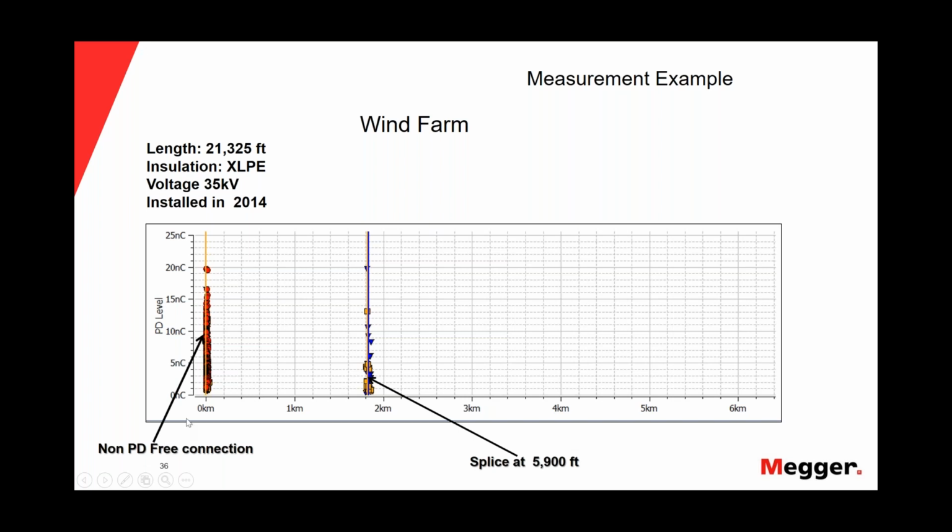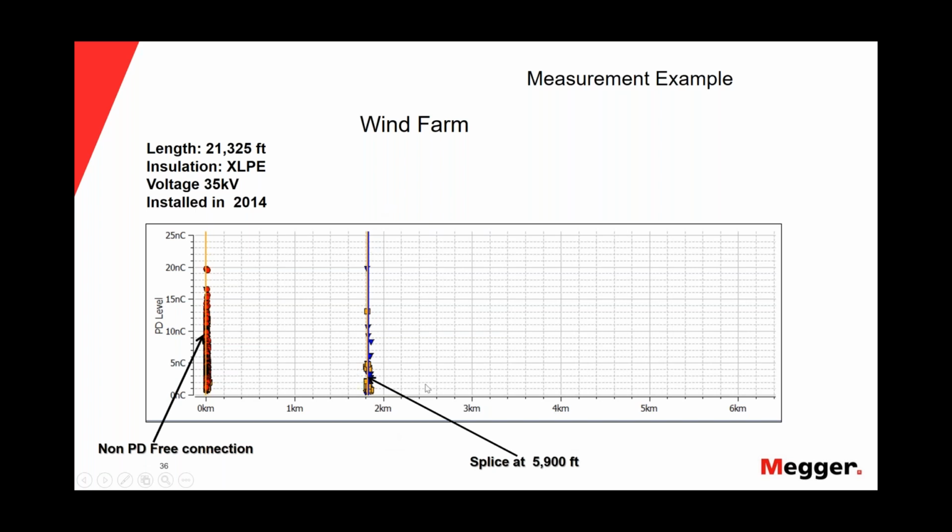For that reason, it's very important to have a PD-free connection between the cable under test and our high voltage test lead, okay? But in phases B and C, you can see that at 5,900 feet, we have PD activity.